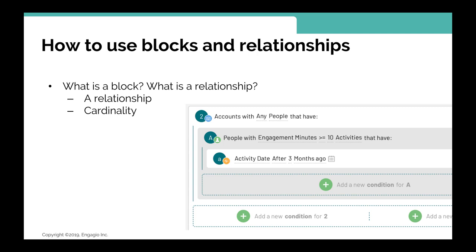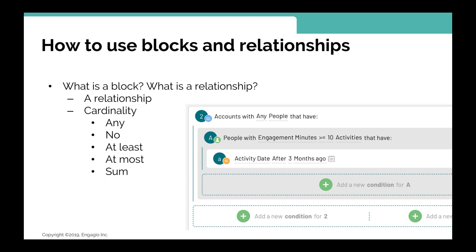So I could say accounts with any people that have, or accounts with no people that have, or accounts with at least 3 people who have, or at most. Also, with the cardinality, I can do something like show me all of the people with a sum of engagement minutes from activities that have, and I can describe those activities in any way.